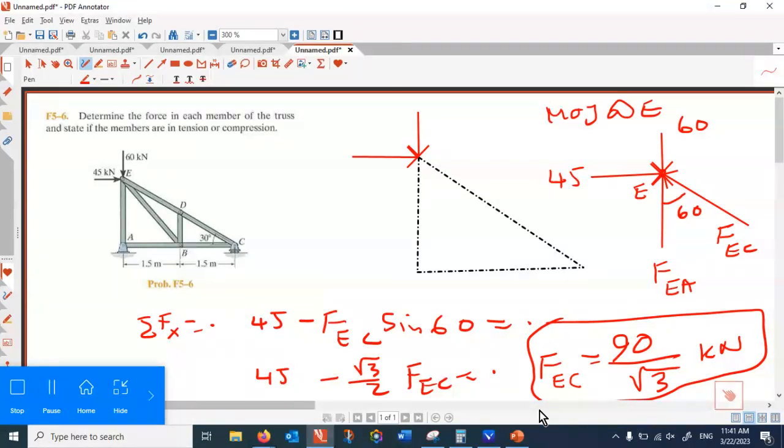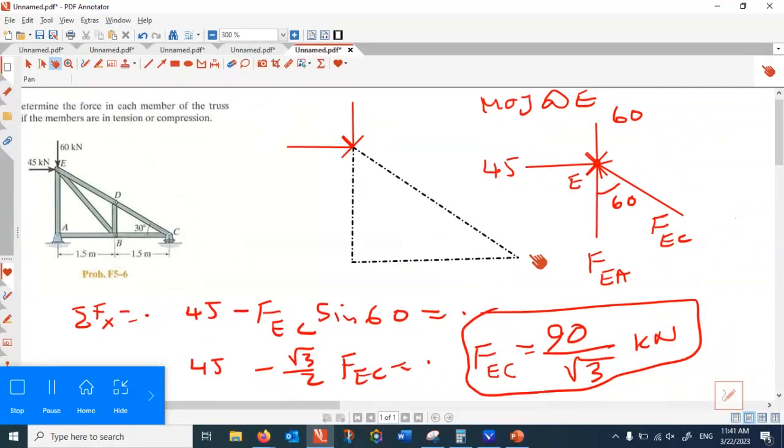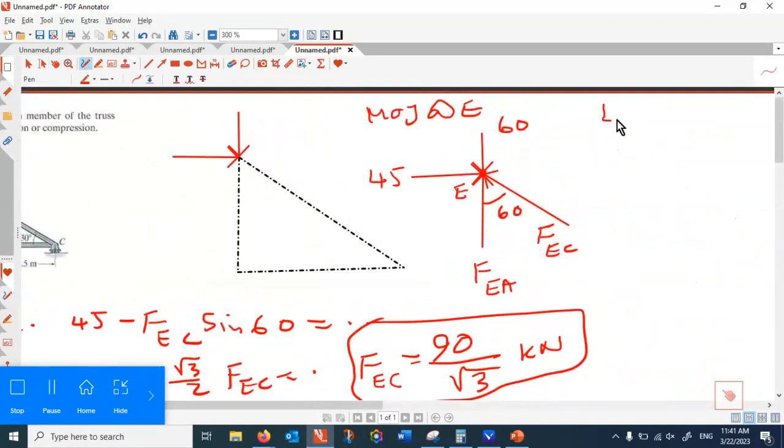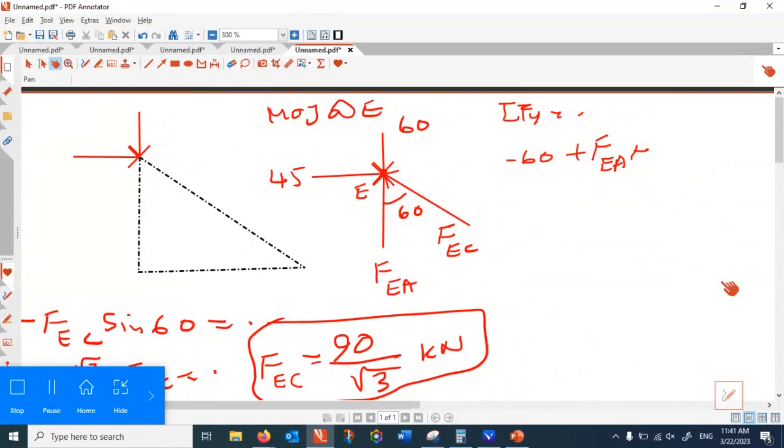And then I can calculate FAE. So net forces vertically equal to 0. That is minus 60 plus FEA plus half FEC, which is FEC cos 60. So that is plus half FEC, which is 45 by root 3, equal to 0.